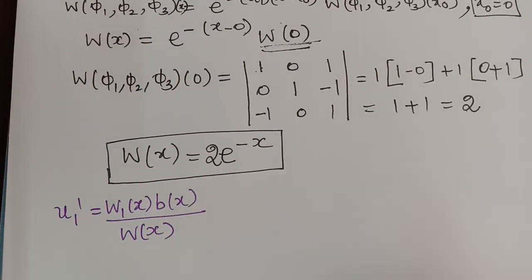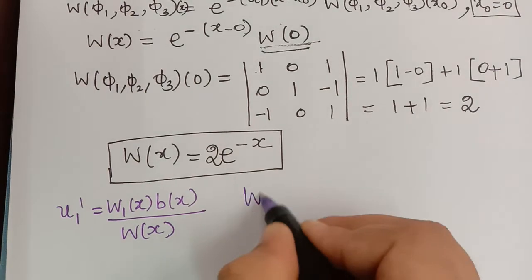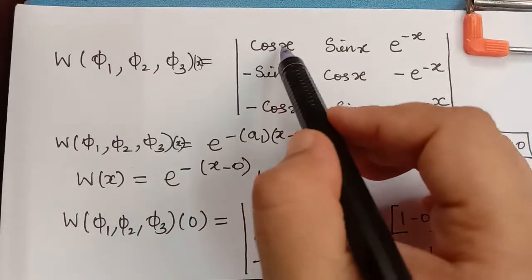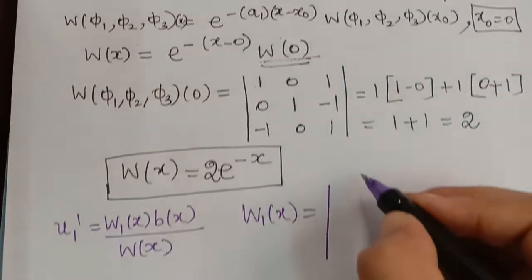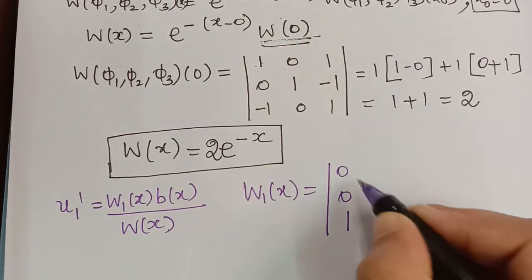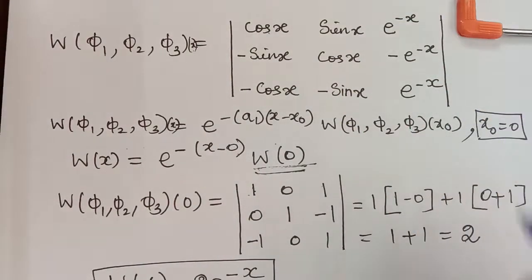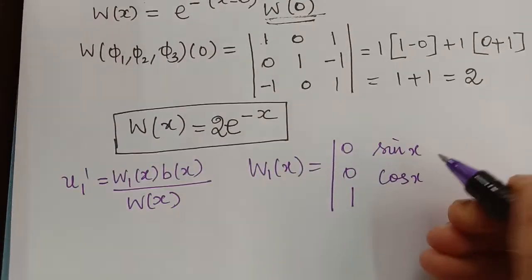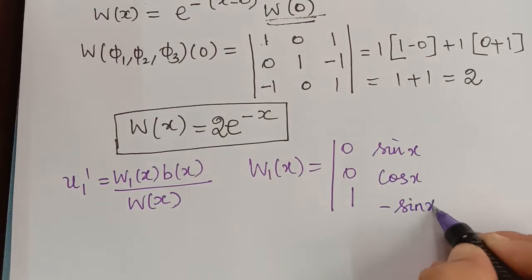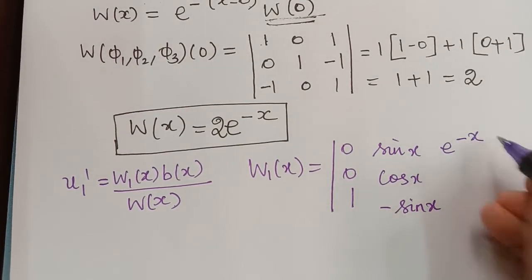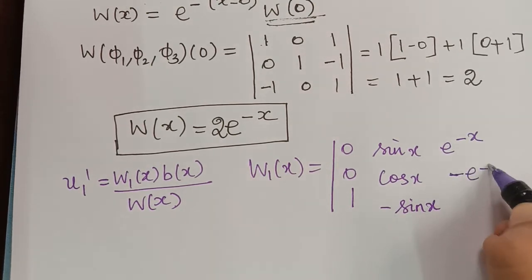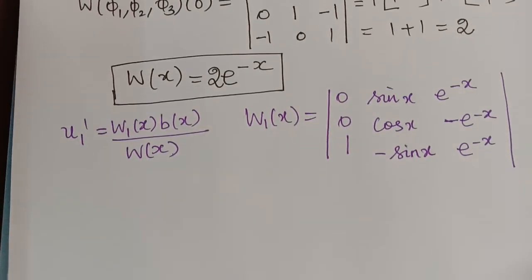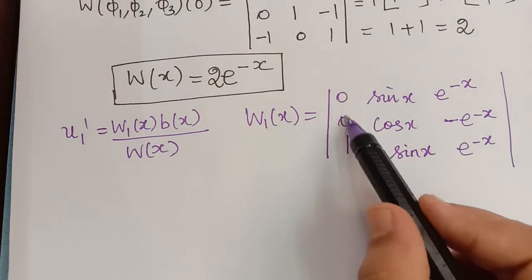So now u1 dash is equal to this formula where this w1 of x is equal to, in the Wronskian, that is in this determinant, we will change this as 0, 0, 1. So it will be 0, 0, 1, the first column alone. The remaining will remain the same. So it will be sin x, cos x, minus sin x, and then e power minus x, negative e power negative x, and then e power negative x. So this is the determinant that we have to find. We can expand this determinant from this first column.